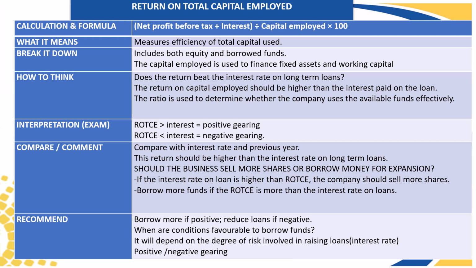So this formula is net profit before tax plus interest divided by capital employed. And remember, capital employed now is your owner's equity or shareholders' equity plus your long-term loan or your non-current liabilities.